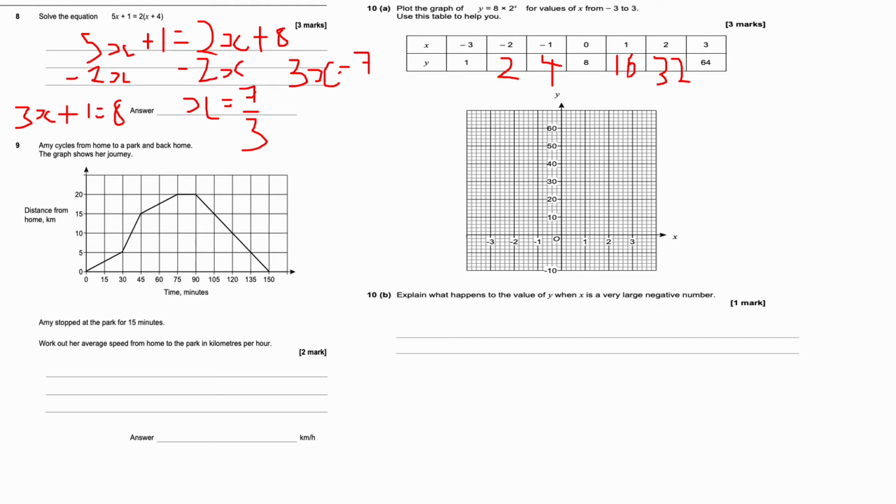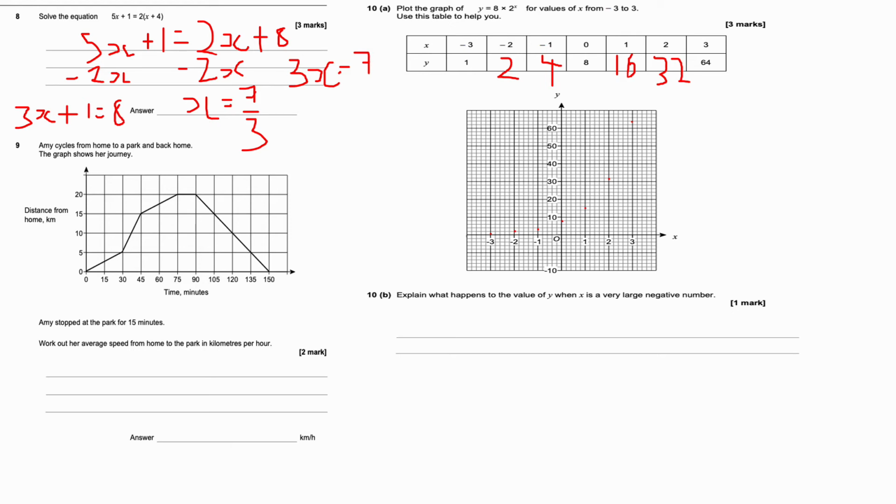And then I've got to plot this graph. So -3, 1, that's a bit there. -2, 2, that's going to be there. -1, 4, that's going to be the second square. 0, 8, so that's going to be here. 1, 16, that is going to be just above the middle, so around here I want to say. 2, 32, that's going to be there, and then 3, 64 is going to be there.